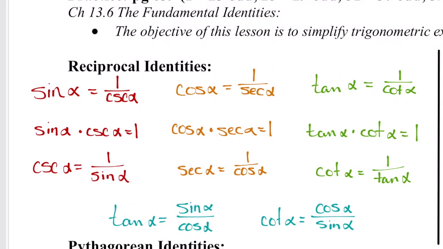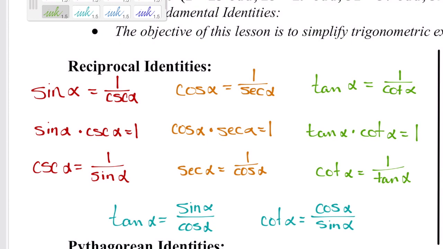So here are the reciprocal identities, things that we've kind of gone over before already and things that are in the formula sheet for my kids. Sine and cosecant are reciprocals, so all of these are just different ways of writing that relationship between sine and cosecant. And then cosine and secant are reciprocals of each other, so this is just different ways of writing down that relationship of the reciprocals. Same with tangent and cotangent.